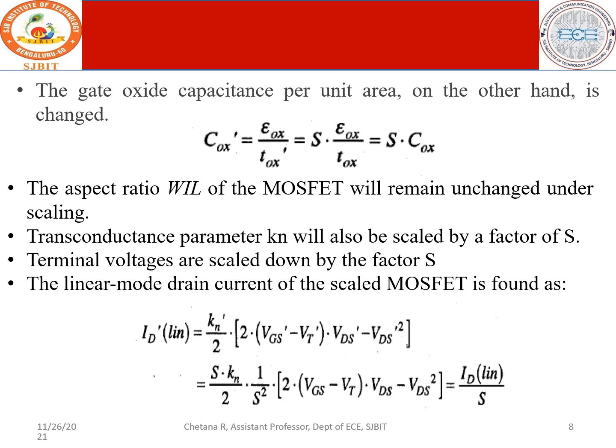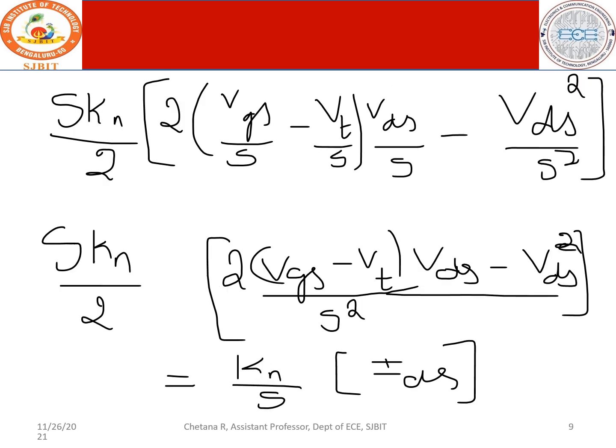and originally the IDS expression is Kn by 2 into 2 VGS. So the linear current equation is scaled down by S. This is how the scaling with respect to the drain current is found out: transconductance is scaled by a factor of S, so it is multiplied, and voltages are scaled down by a factor of S. Same thing with threshold voltage, same thing with the drain voltage, and the respective voltages are substituted.